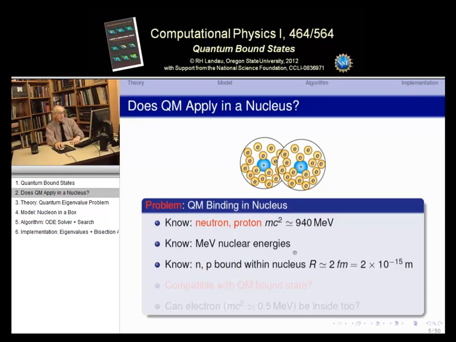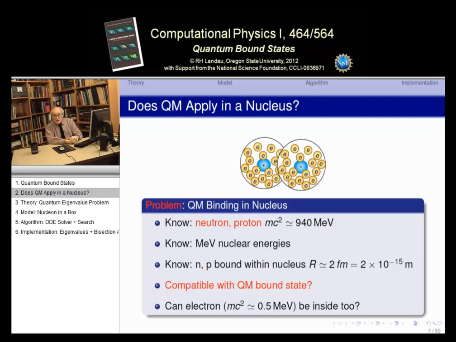Are these facts compatible with the nucleon, the neutron or proton, being in a bound state within the nucleus? We don't know, so we'll have to answer that. We try to answer that by trying to calculate bound states of neutrons or protons in a nucleus of about that size and see what the energy level comes out.